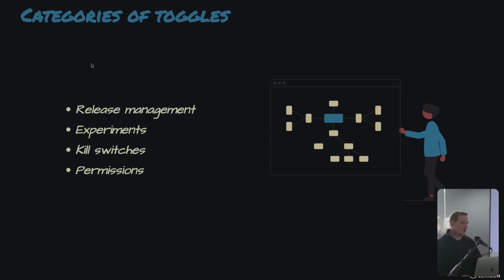So a lot of companies will use them to turn off functionality by design when their system's getting a little bit overloaded. And you can also be running permissions through feature toggles as well, turning things on and off for different users at runtime. This presentation mainly covers release management. So everything that I'm talking about is framed in this sense, and I won't really be covering anything else there. So just keep that in mind.